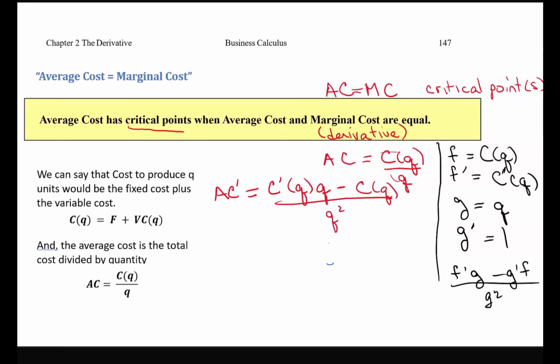Next step, I can say that AC prime, or the derivative of the average cost, is equal to C prime, which is really the marginal cost, times Q.